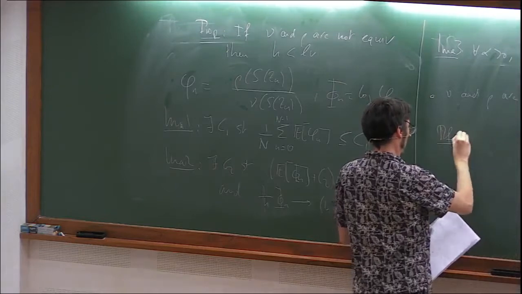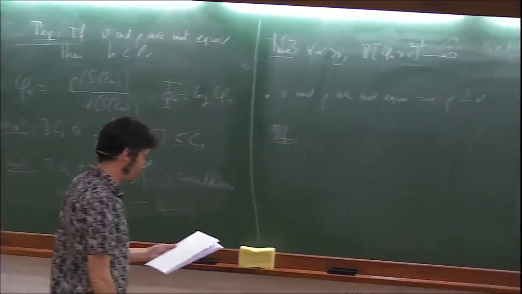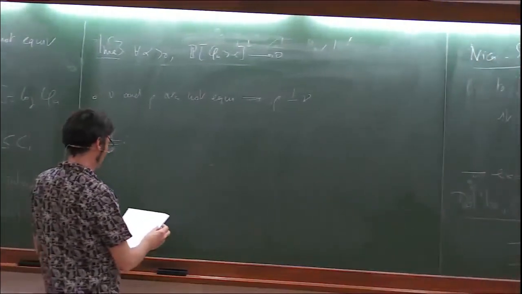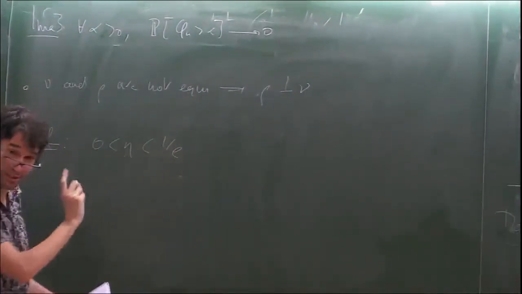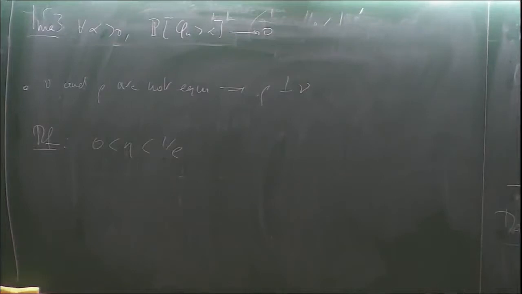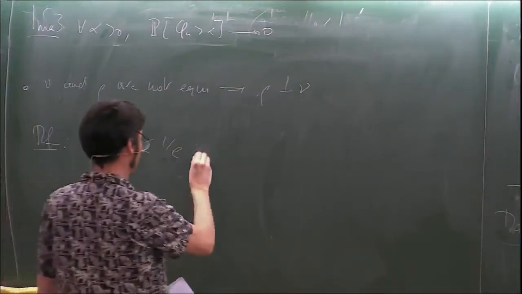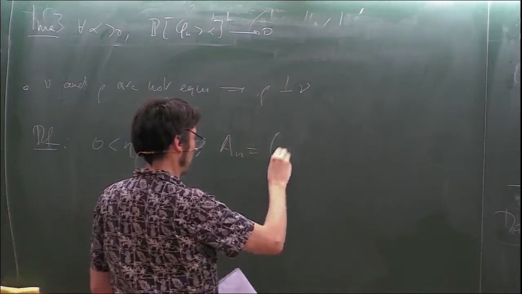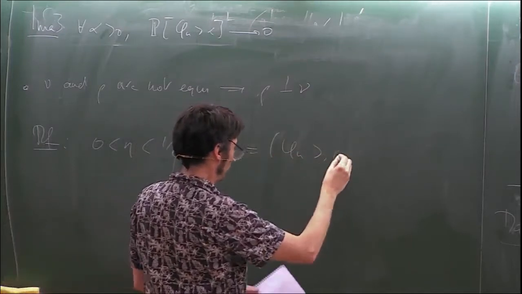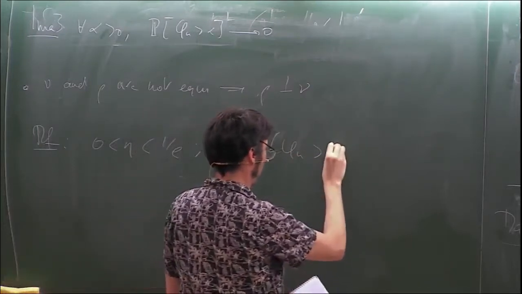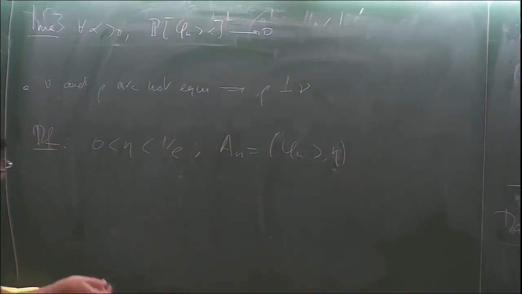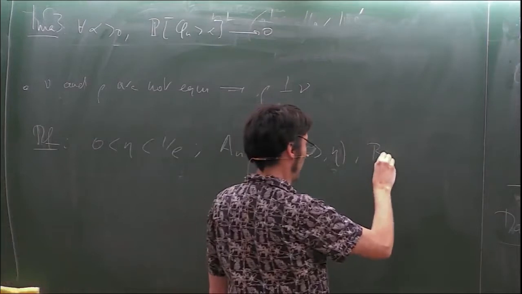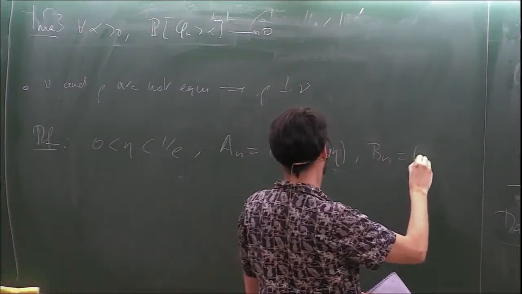So the proof goes as follows. I fix an eta small enough. It has to be at least smaller than 1 over e, but it will be even smaller, I guess. And then I set An to be the event when phi n is at least eta, and Bn the complement.